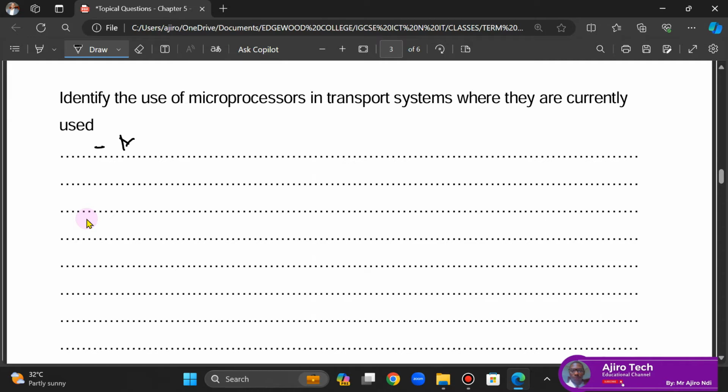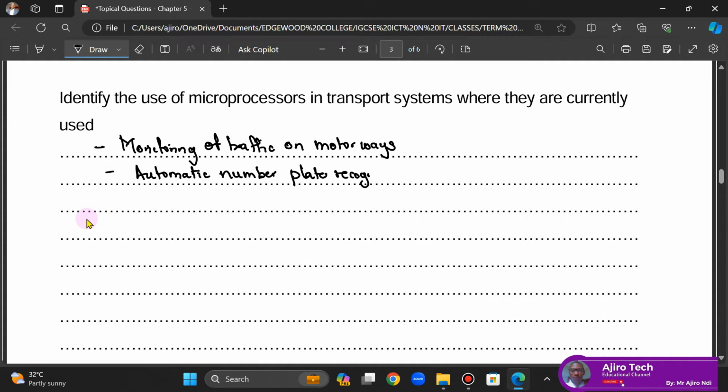So let's look at monitoring of traffic on motorways. They're used for automatic number plate recognition, ANPR.